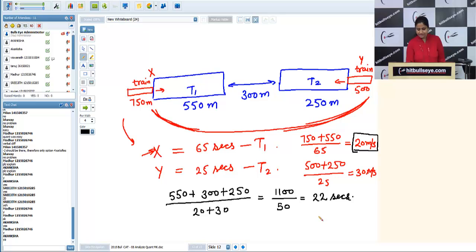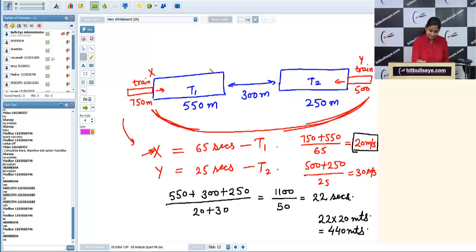So before meeting, it has covered 22 into 20 meters, which comes out to be 440 meters. So the length covered by X, just before meeting, is 440 meters.